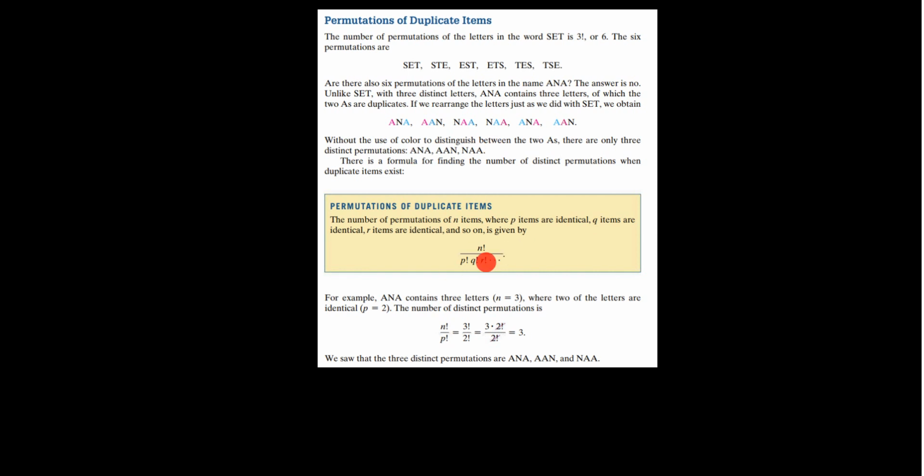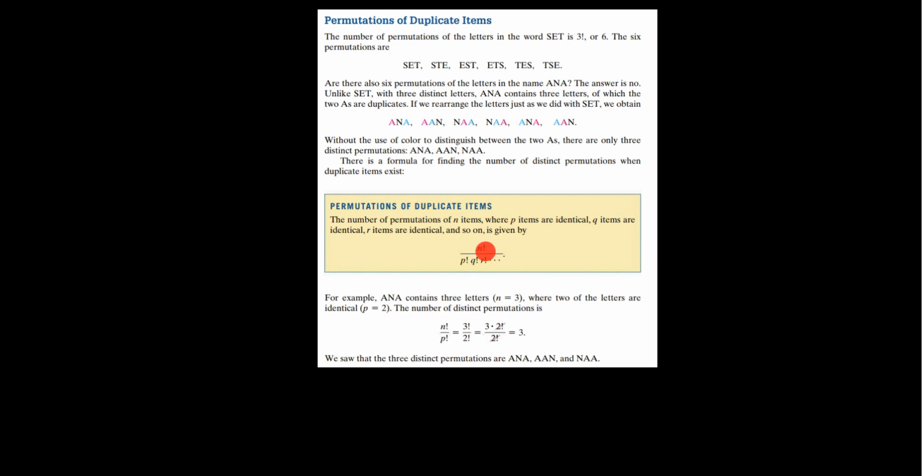Our formula is pretty easy. Don't worry, it's nothing abundantly difficult. The number of permutations of n items where p items are identical, q items are identical, r items are identical, and so on, is given by our formula here.